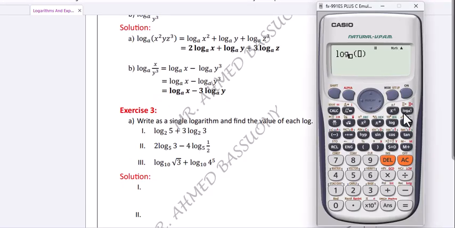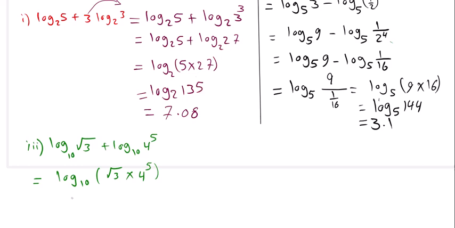So it will be log to the base of 10 of root 3 times 4 to the power of 5, which is equal to 3.2 approximately.